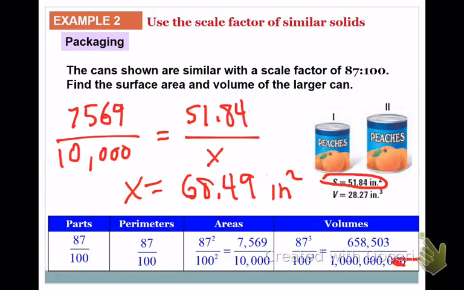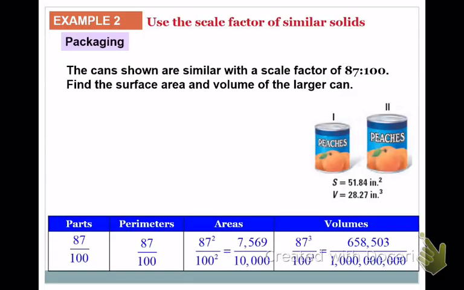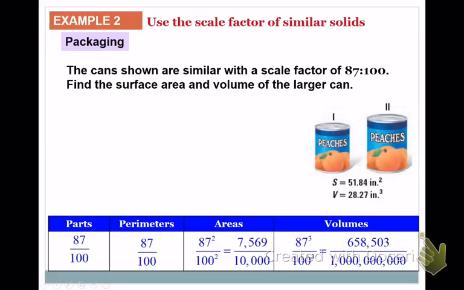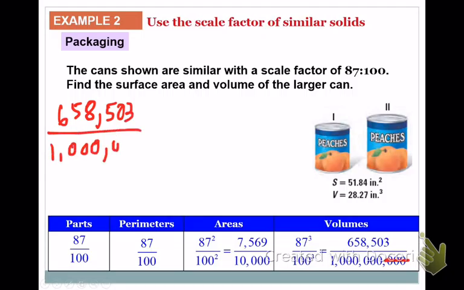So for the volume, we've got 1,000,000. So we take 658,503. We put that over 1,000,000. And we set that equal to 28.27, the volume of the small can.